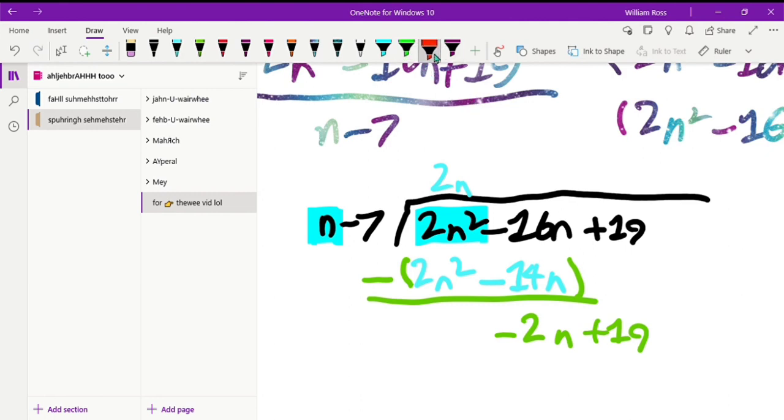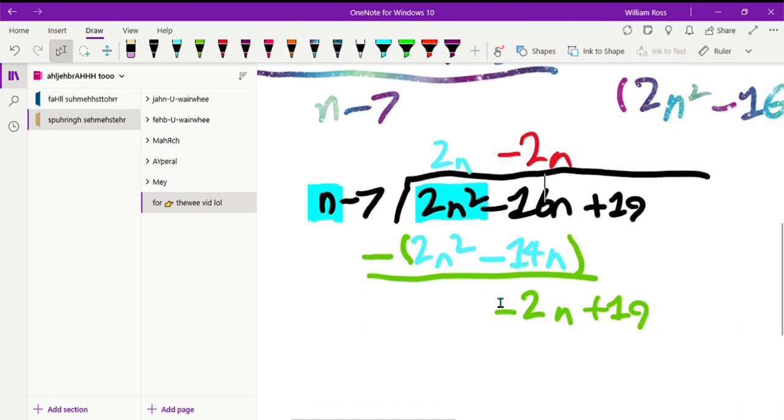So n goes into negative 2n negative 2 times. So I'm going to make this red. And so negative 2 times n minus 7 would be negative 2n plus 14.